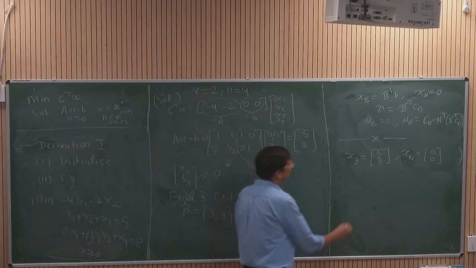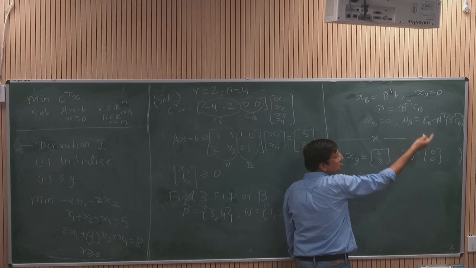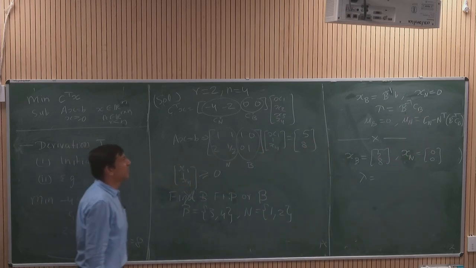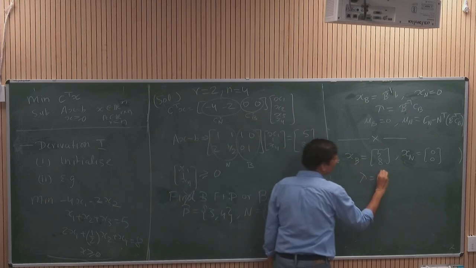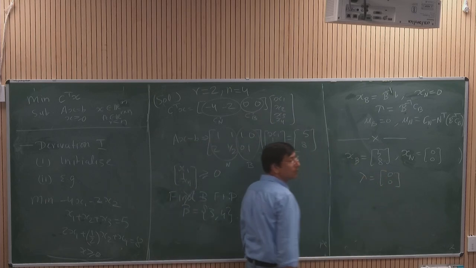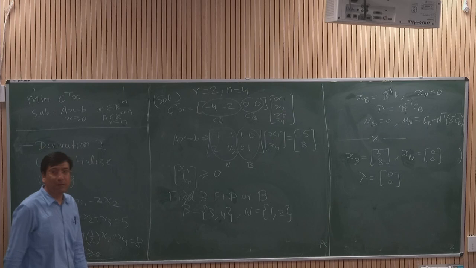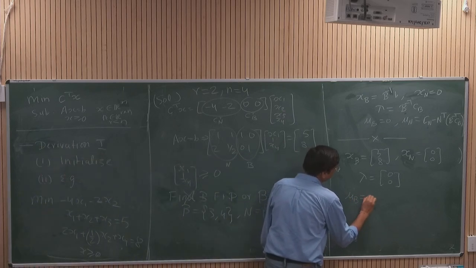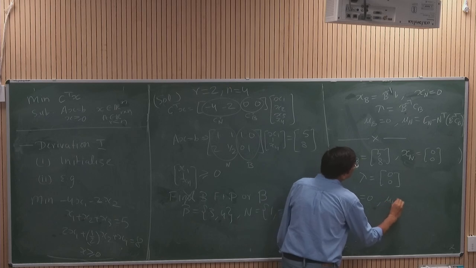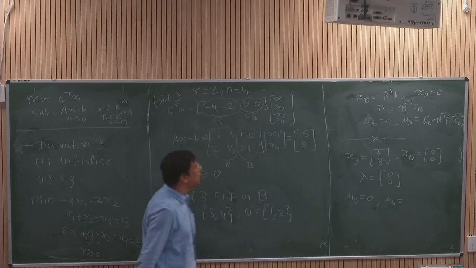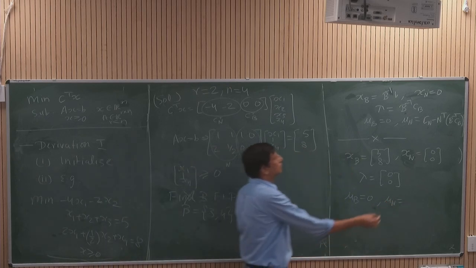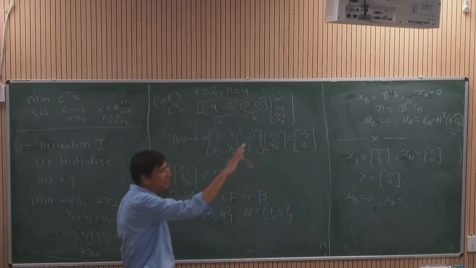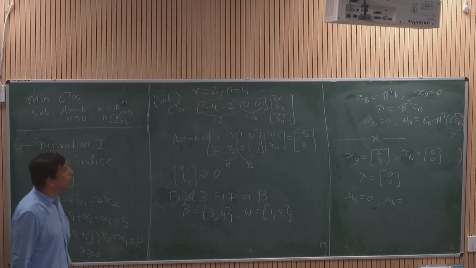What is lambda? B inverse transpose is identity, so it is just CB. What is CB? 0, 0. Correct? Everybody with me? What is mu B? That's given. We force that to be 0, so we're not doing anything. What is mu N? It is CN minus N transpose lambda. Lambda is 0, so that term vanishes. It's just CN. What is CN?